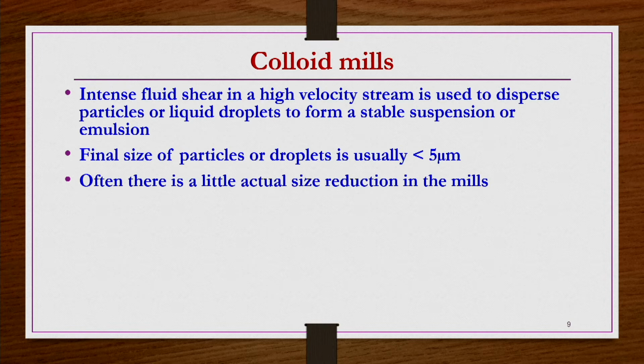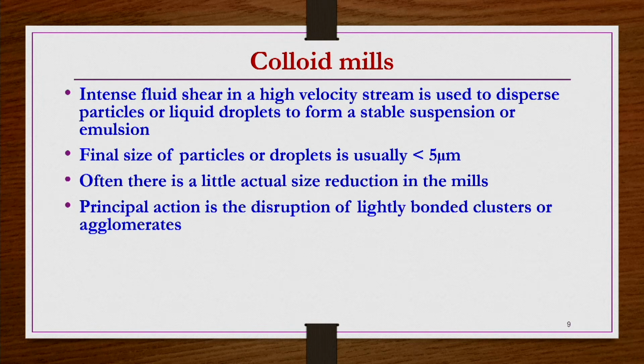There is almost negligible reduction in the particle size, but there is disintegration of the clusters or agglomerates. The principal action is the disruption of lightly bound clusters or agglomerates, so that by disintegration a homogenization of the suspension takes place.